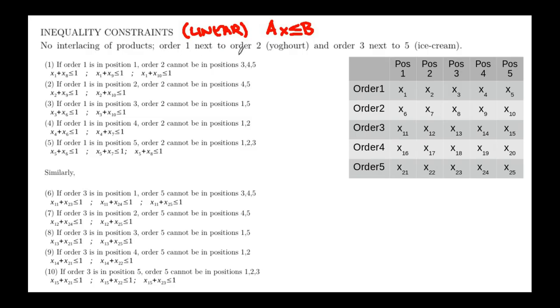Order 1 will be next to order 2 because both are yogurt, and order 3 will be next to order 5 because they are ice cream. Despite these being orders from different customers.